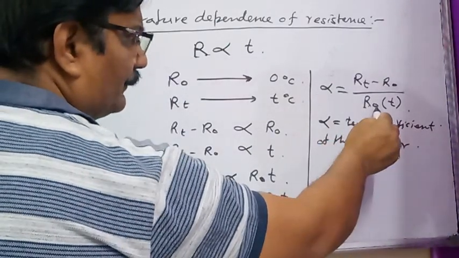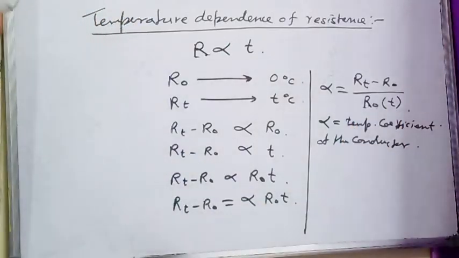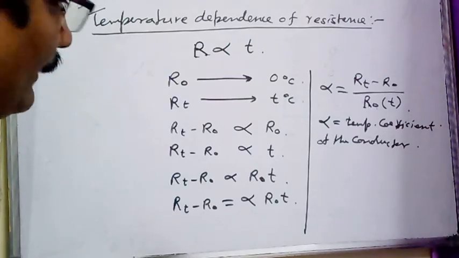If we put both the values R0 and T as unity, in that condition alpha is going to be equal to increase in the resistance of that conductor, that is RT minus R0.